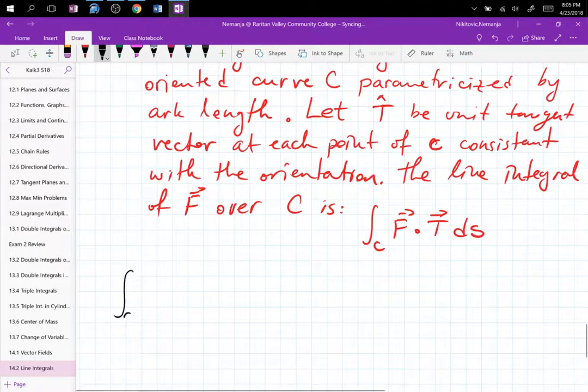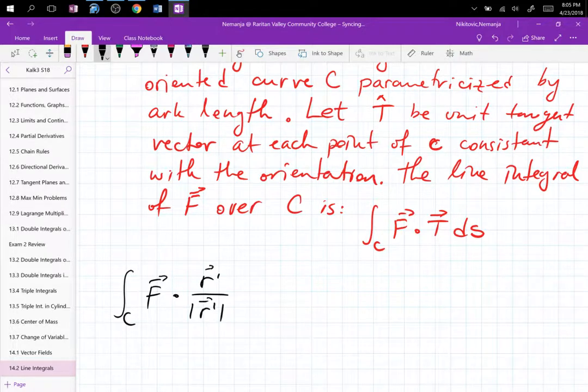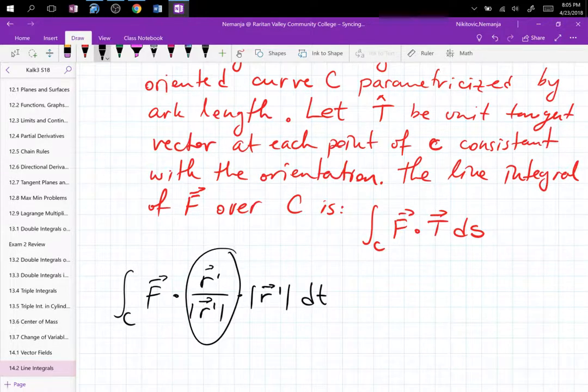So we have our integral of r prime over the magnitude of r prime times the magnitude of r prime dt. So this is your unit tangent t, and this is your conversion from ds into dt.